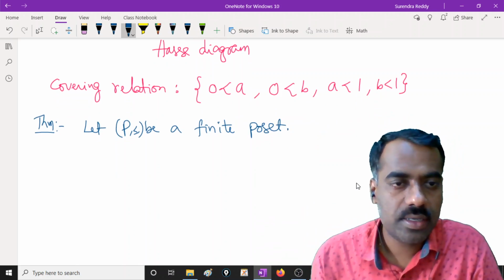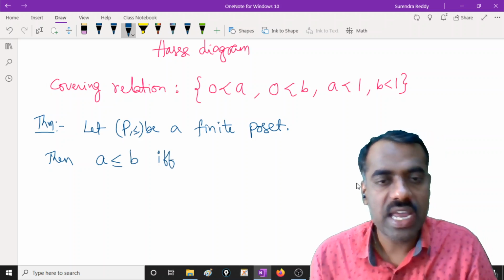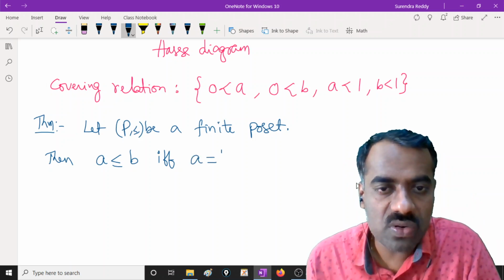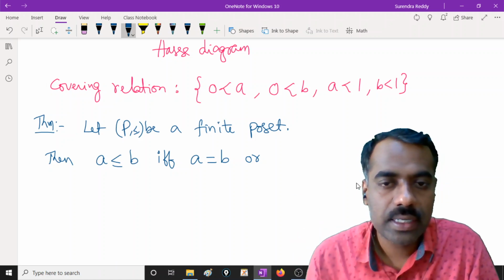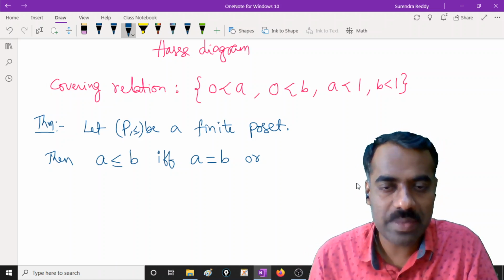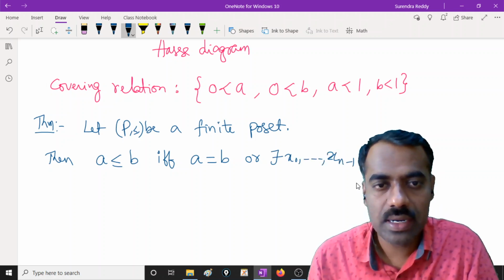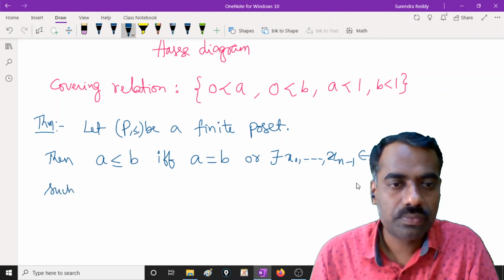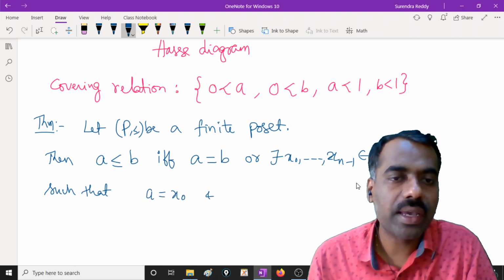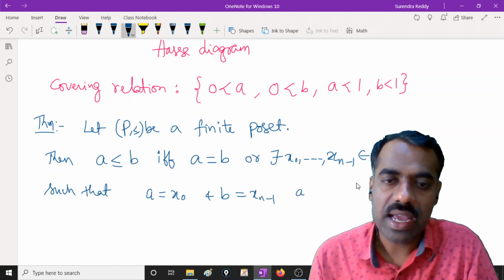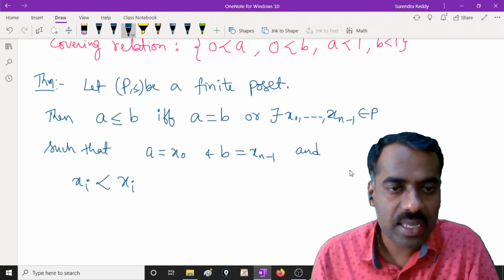Then A is less than or equal to B if and only if, in terms of covering, either A is equal to B, which is obvious, or there exist x naught up to x n minus 1 in P such that A is x naught and B is x n minus 1, and each xi is covered by xi plus 1.